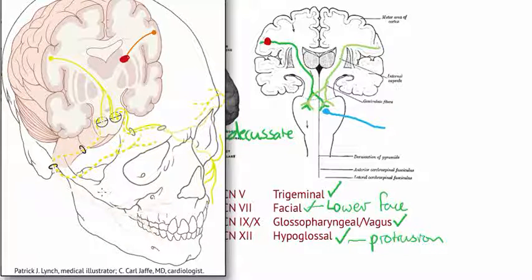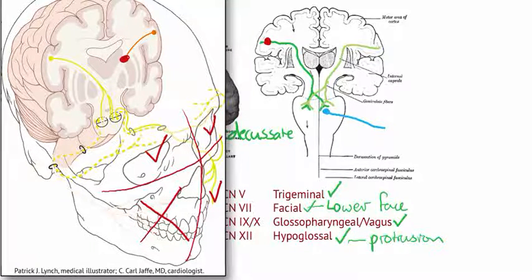So what's left? If we divide the face up, the upper left face is fine, the lower left face is fine, the upper right face is pretty good, the lower right face has a weakness. So a left cortical stroke that affects the facial nerve, you'll see that in the lower right face, and same with the tongue.